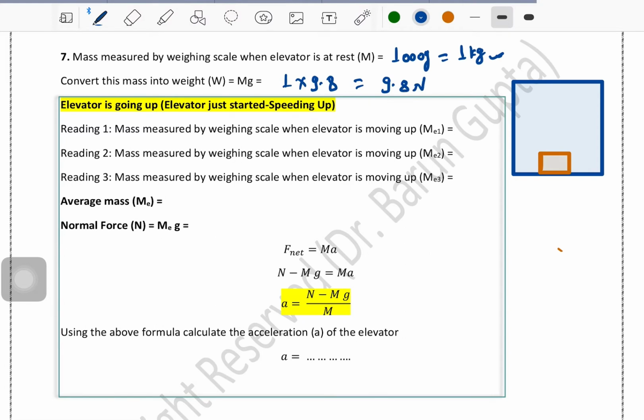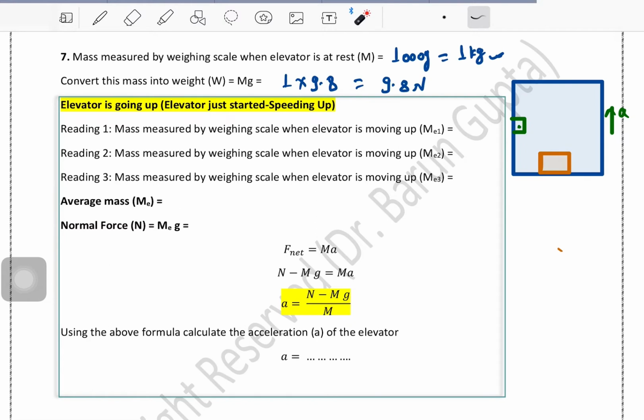All right. So now the next step is, now you have the buttons here. You press the button and the elevator starts moving up. Okay. And then you will record the reading of this weighing scale here. Start making a video, and the reason is because the numbers might change quickly.